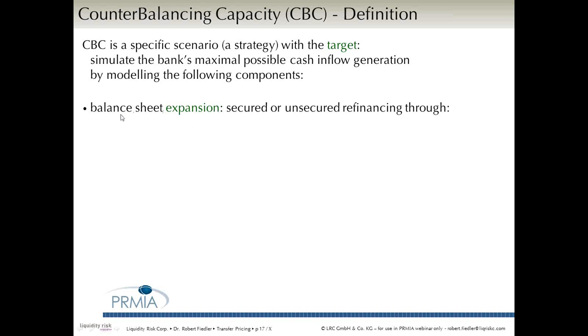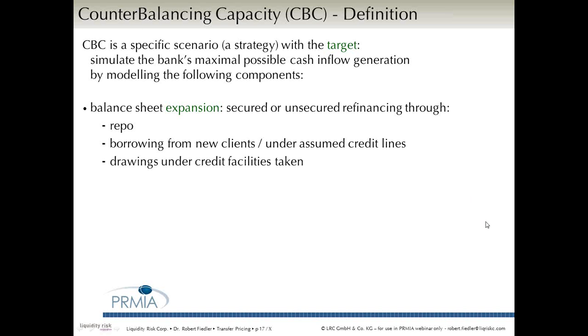We could have a balance sheet expansion by secured or unsecured refinancing through repo or borrowing from new clients, possibly under assumed credit lines or existing credit lines, which are credit facilities. You can issue debt, and then you can have a balance sheet reduction.